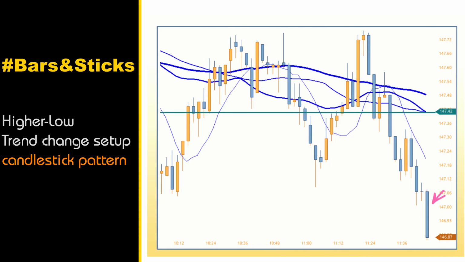It looks like it's beginning to become extended. But I'll throw it in order. That's what this green line is right here. Throw it in the order, take some, and that's it. The trade is over.